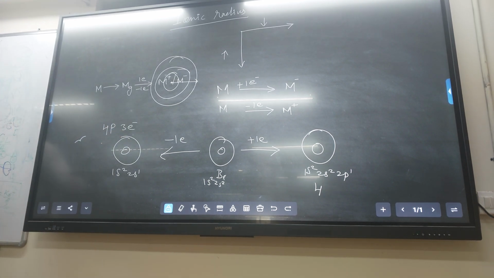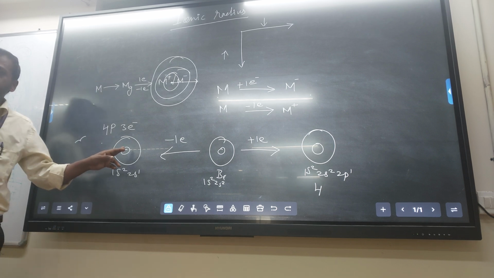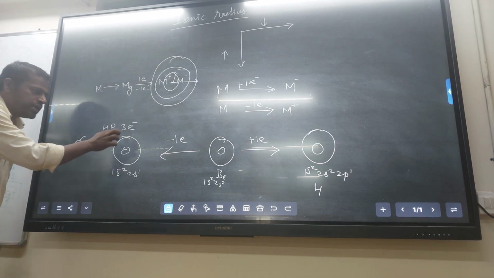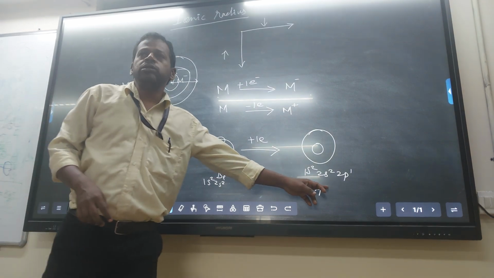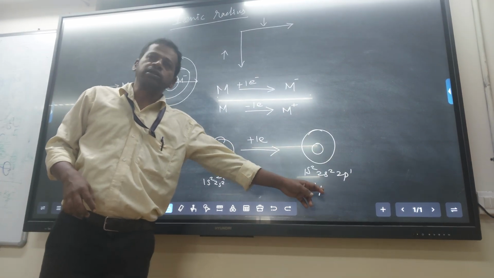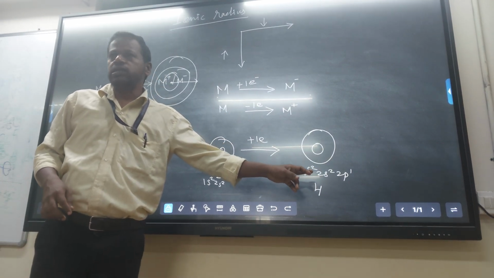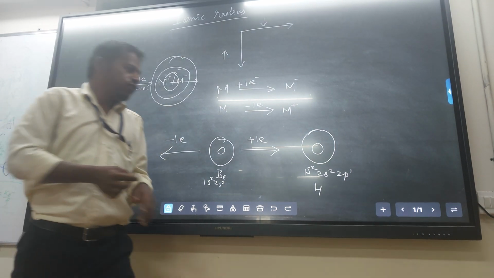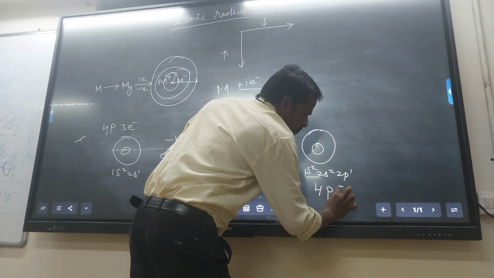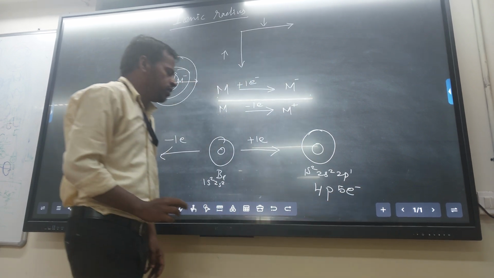Okay, the proton is more. Think about it, like a magnet: with fewer electrons, the electrons are strongly attracted by the nucleus. Therefore, the distance is decreasing here. But here, sorry, the electron is more and the proton is less. Therefore, the distance is more. Right? Four protons, but five electrons.